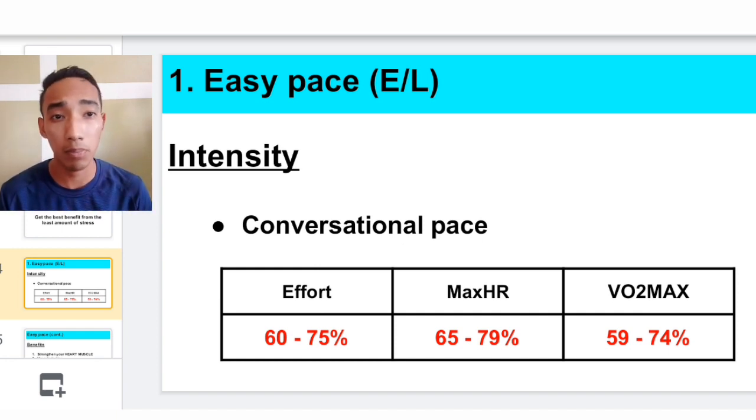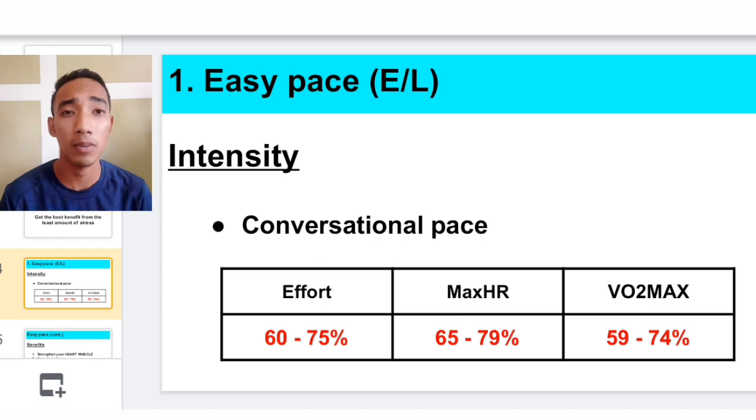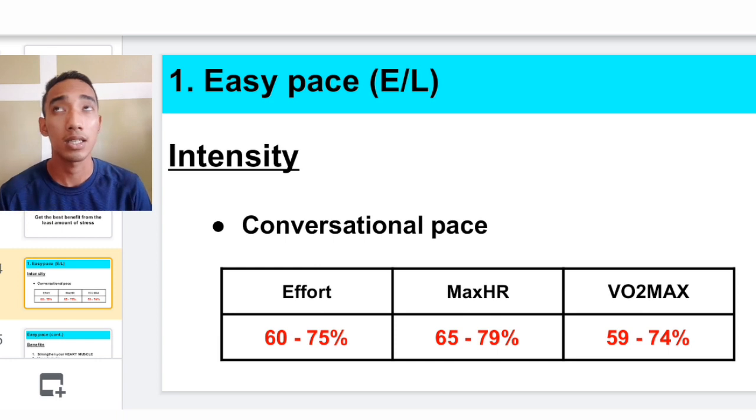The effort imposed is around 60 to 75%, and the fraction of your maximum heart rate would be 65-79%. I had my maximum heart rate of 198 beats per minute, and 79% of it is 156. So I go around 140 to 156 beats per minute sa akong easy run, easy pace.